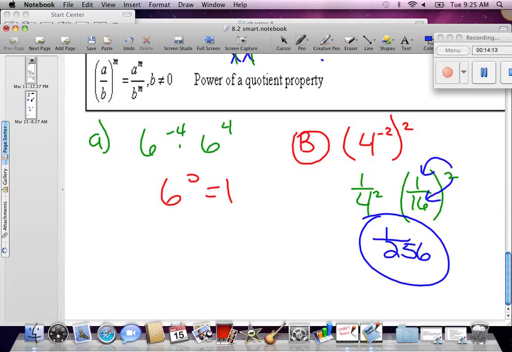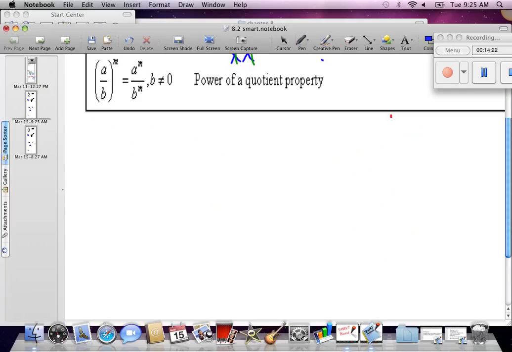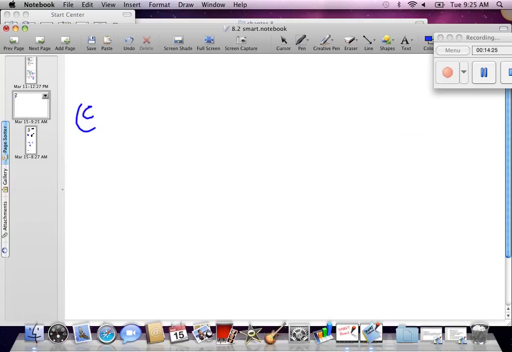We're going to do a couple kind of similar like that in your homework. Here we go. This is C. 1 over 3 to the negative 4th. Jennifer, what do I have to do?